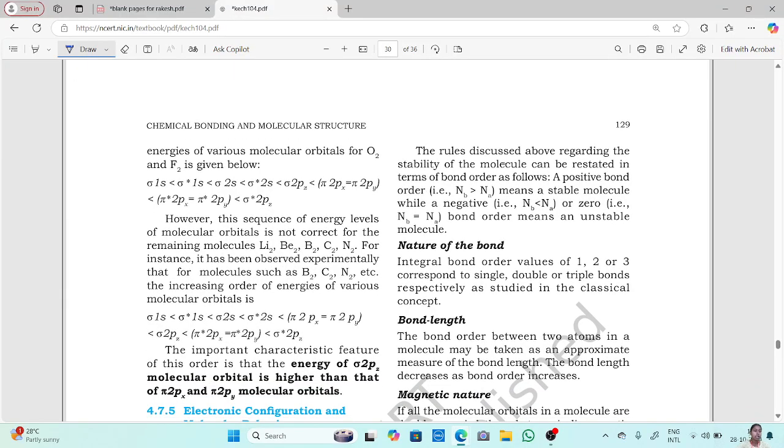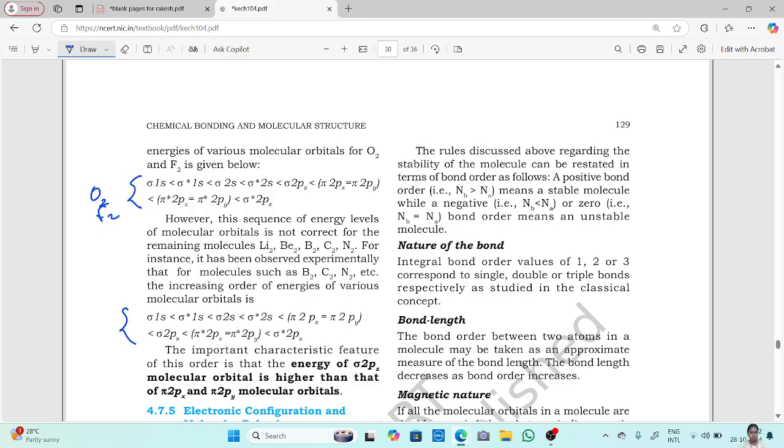Now this trend will be followed only by O2 and F2 molecules. Okay, now I'll tell you what is the difference. Here you can see, this is followed by O2 and F2 and this series is followed by other molecules. However, the above sequence of energy levels of molecular orbitals is not correct for the remaining molecules like Li2, B2, Be2, C2, N2.